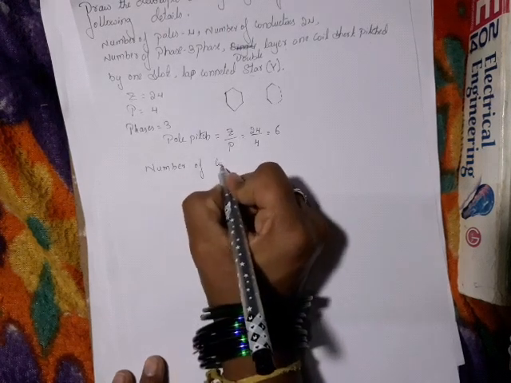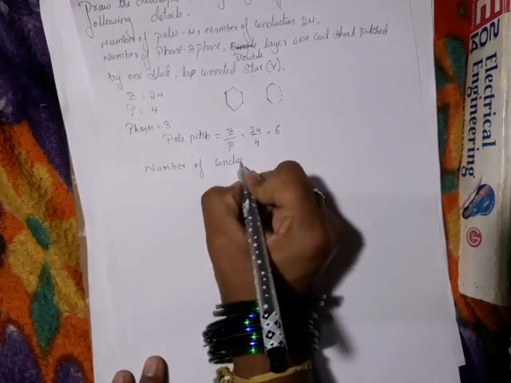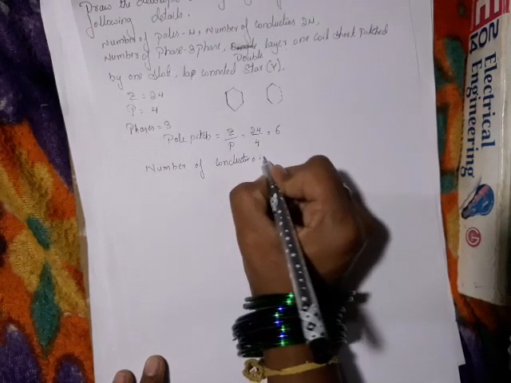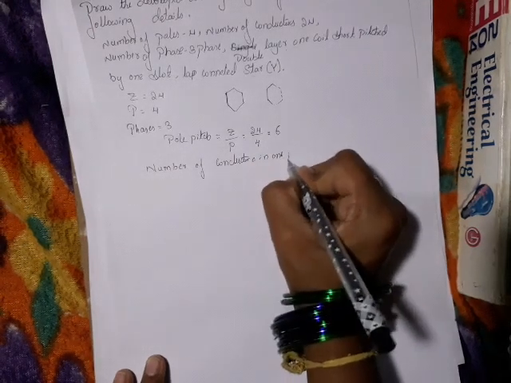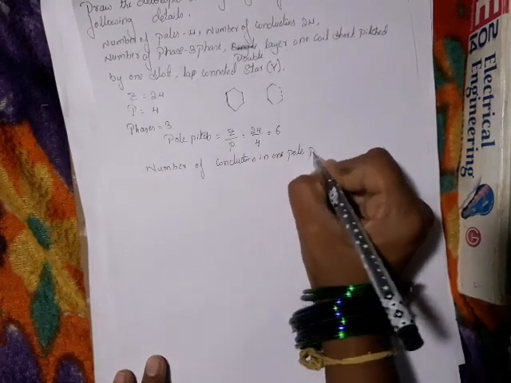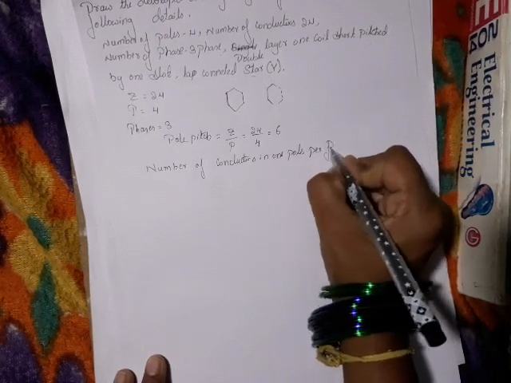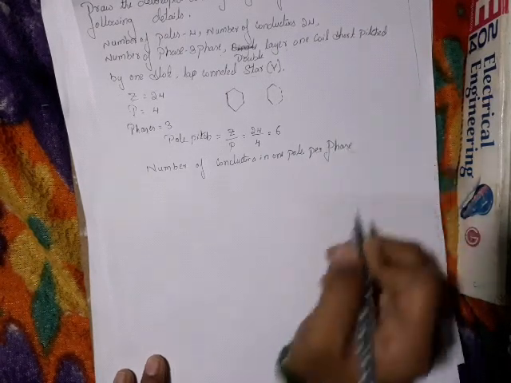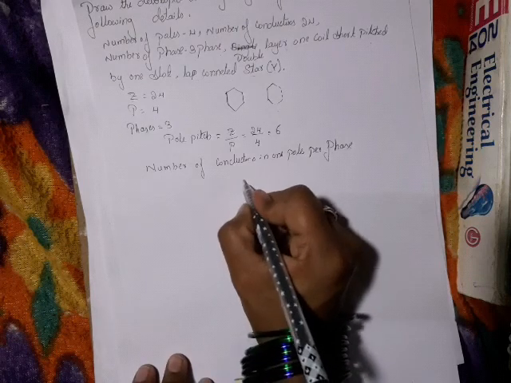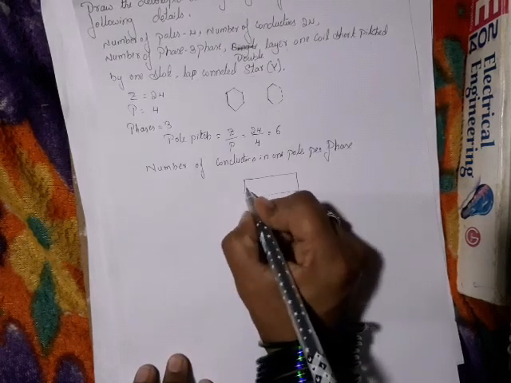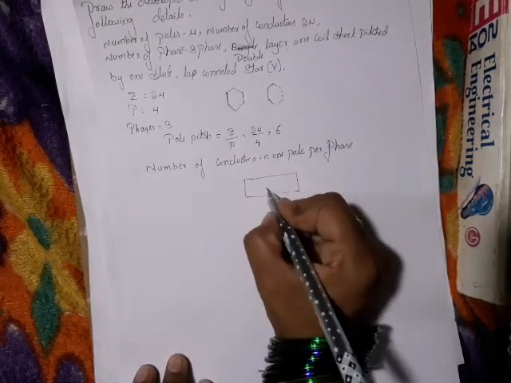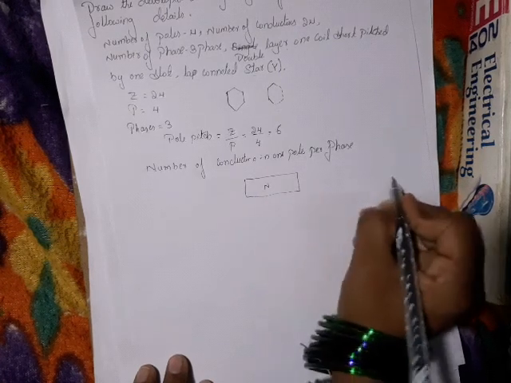Number of conductors in one pole per phase. What do you mean by this? See, we have 4 poles. 4 poles means when we give supply, it will be like north, south.